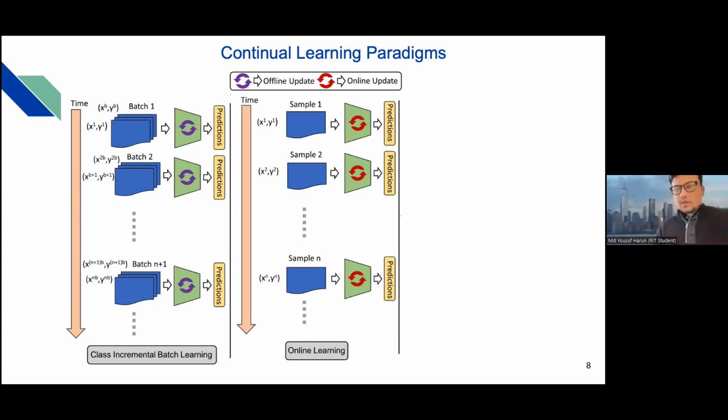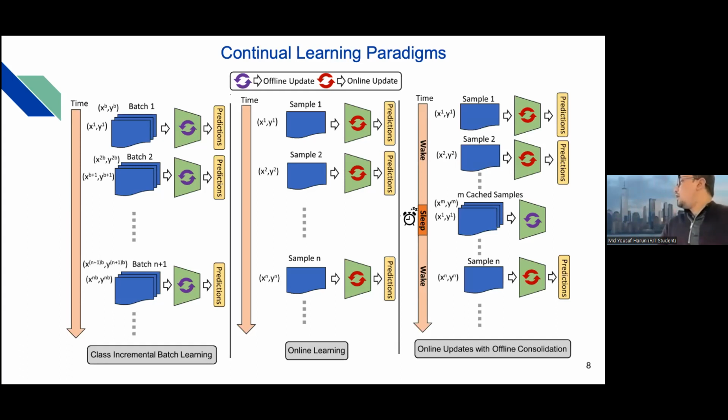So recently we have proposed another continual learning paradigm, which combines these two paradigms, because in many applications there would be a situation where the learner has to handle both of these settings. Briefly, I'll describe this. First, the learner adapts to the dataset sample by sample, and then there is a scheduled downtime where the model performs batch learning.